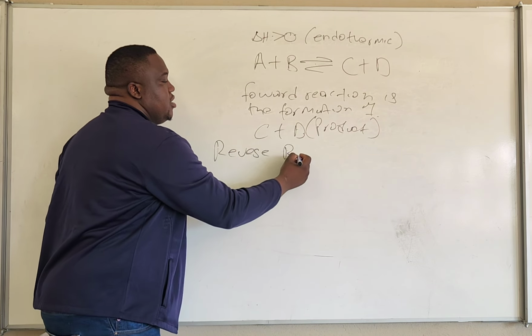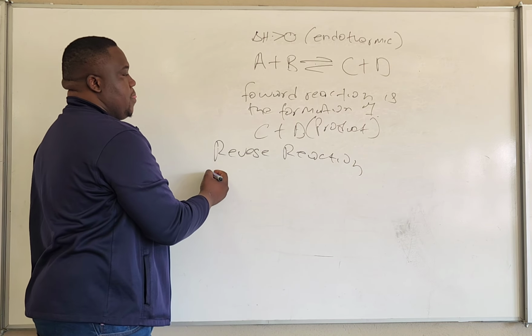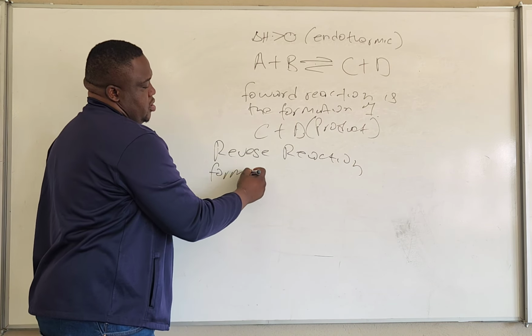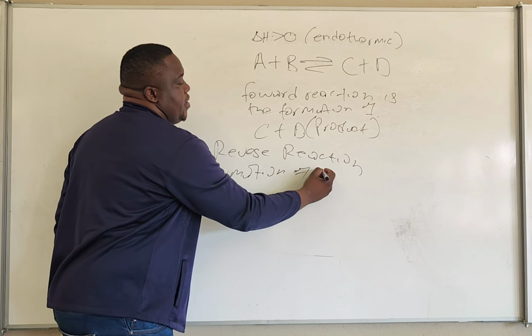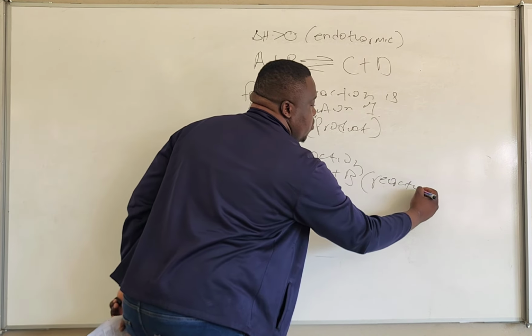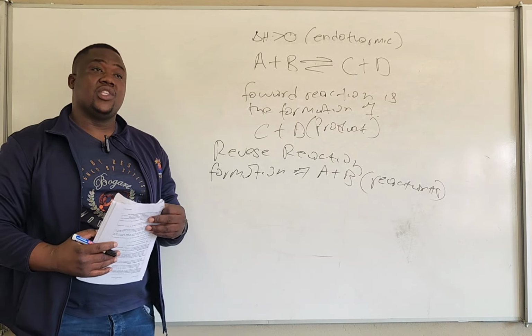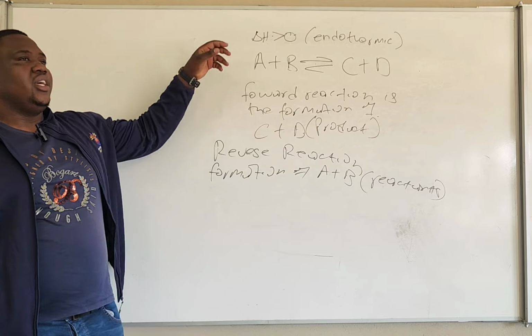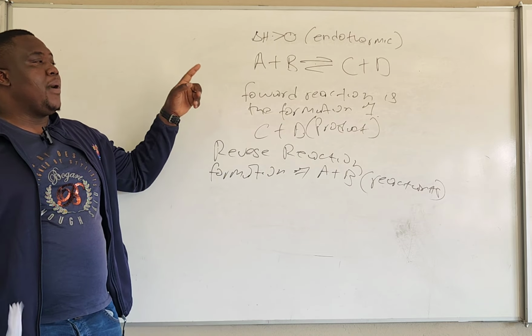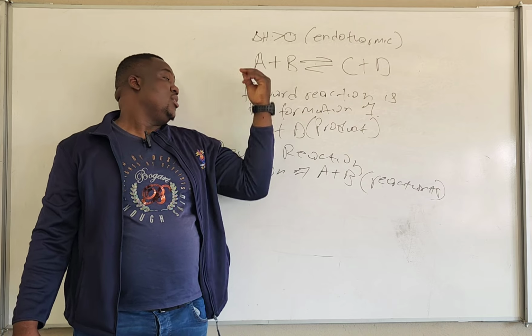What about the reverse reaction here? The reverse reaction here is the formation of A plus B. Those are reactants. Remember, the definition of reverse reaction is a reaction whereby products are converted back to reactants.